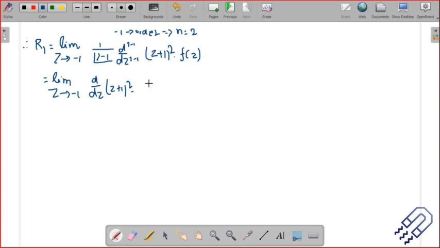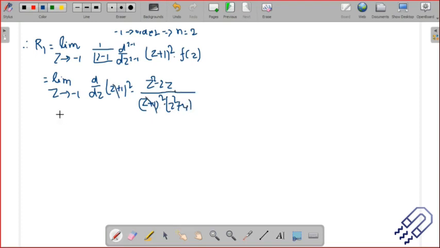Let me just check what my function was. The function is (z square minus 2z) divided by (z plus 1) square into (z square plus 4). So that's my function. So I'll just cancel this out.